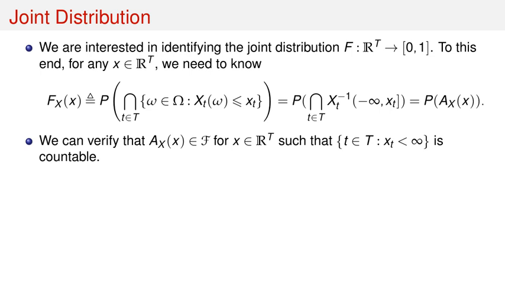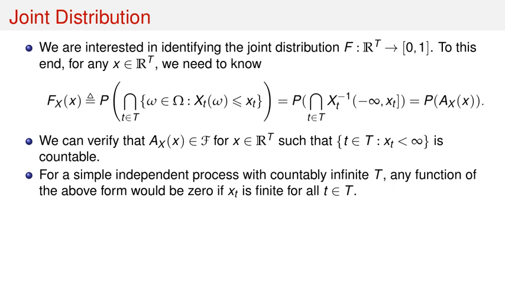As we discussed, A_X of x is guaranteed to be an event in script F only when the set of t in T for which x_t is less than infinity is countable. For a simple independent process with a countably infinite T, any function of the above form, the joint CDF, would typically be 0 if x_t is finite for all t in T, unless P of X_t less than or equal to x_t is 1 for all but finitely many t, which is rare.